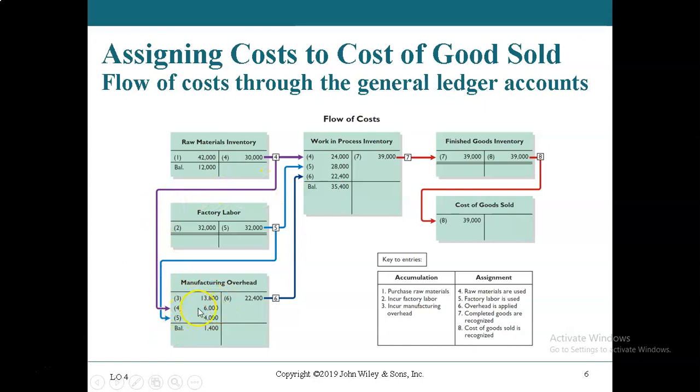Well, down here it's indirectly going here, so it goes into indirect materials. If I use materials, what would I debit and what would I credit? Look at number 4. For number 4, you would debit work in process. See here, it's at the top of the T account. You would debit manufacturing overhead. And then what's on the credit side here? You would credit raw materials inventory.